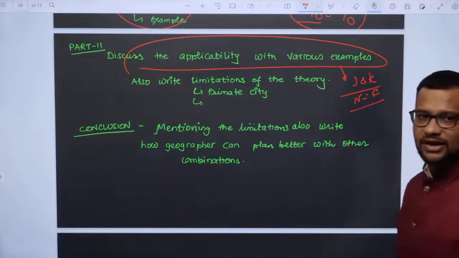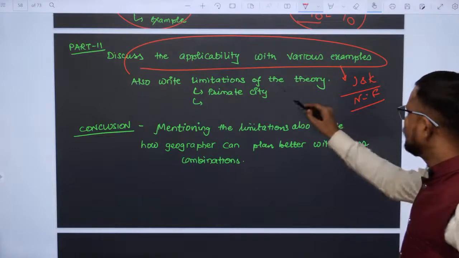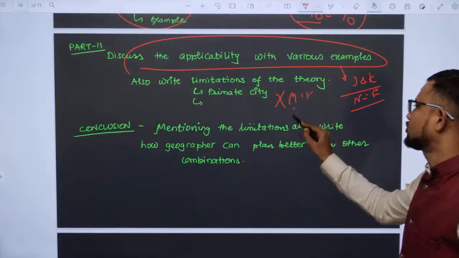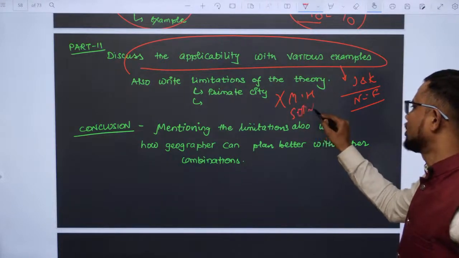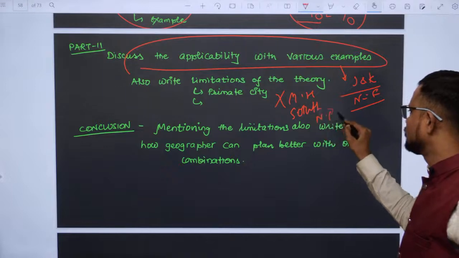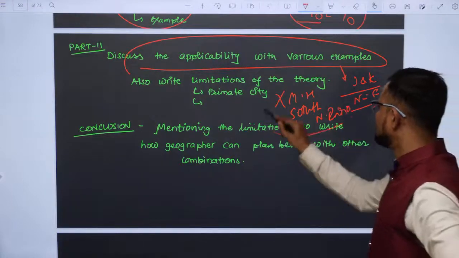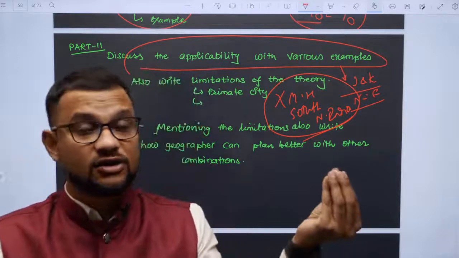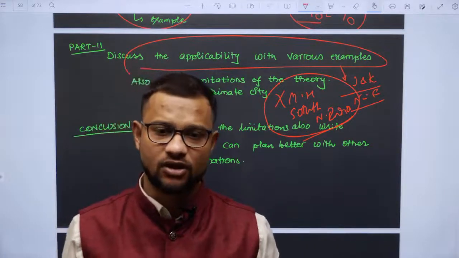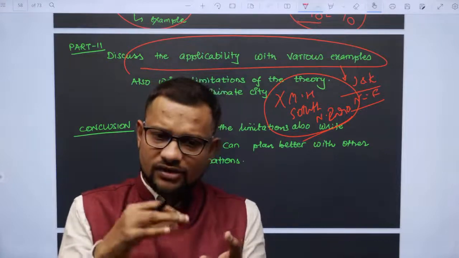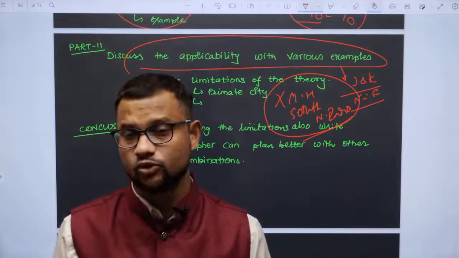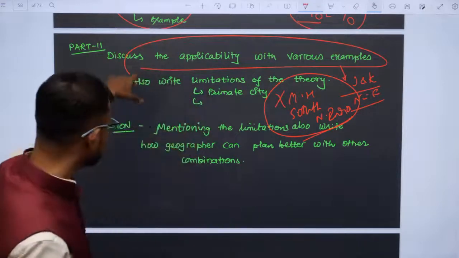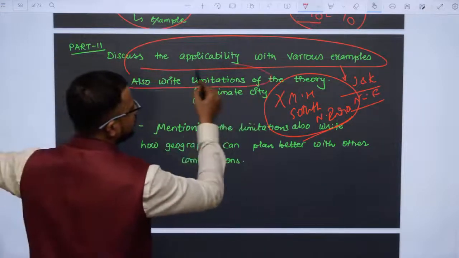But you won't find its applicability in, say, the region of Maharashtra, the region of South India, or North India also. It's because there are multiple cities which are developmental centres, like Mumbai and Pune in Maharashtra, more or less equal developmental cities, so you cannot have this principle over there. That is its own limitation.